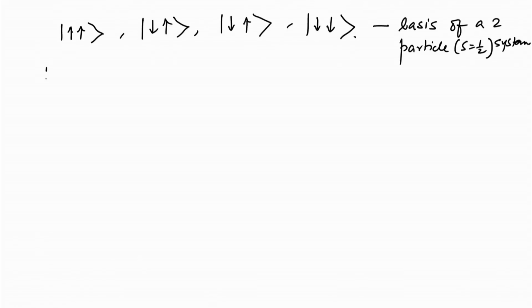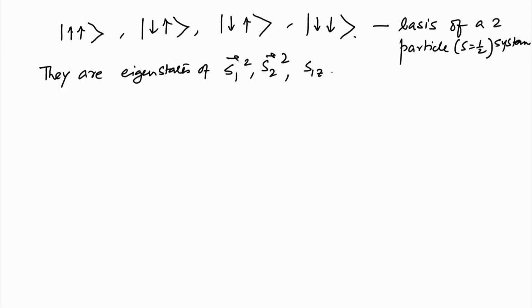So, they are eigenstates of S1 square, S2 square, S1z and S2z. So, the total spin S can be 0 or 1.